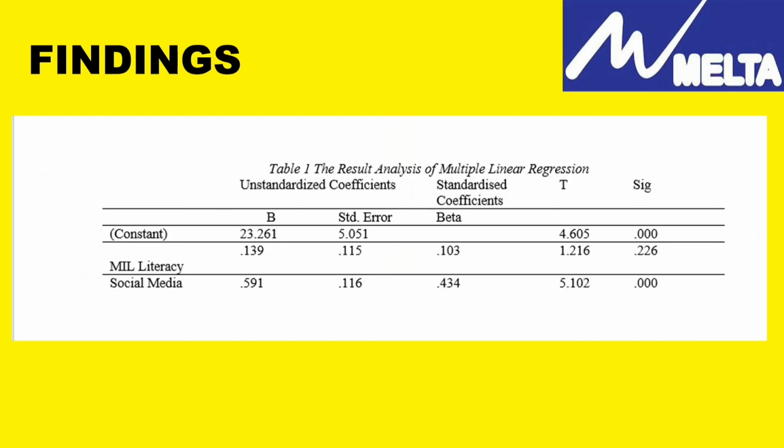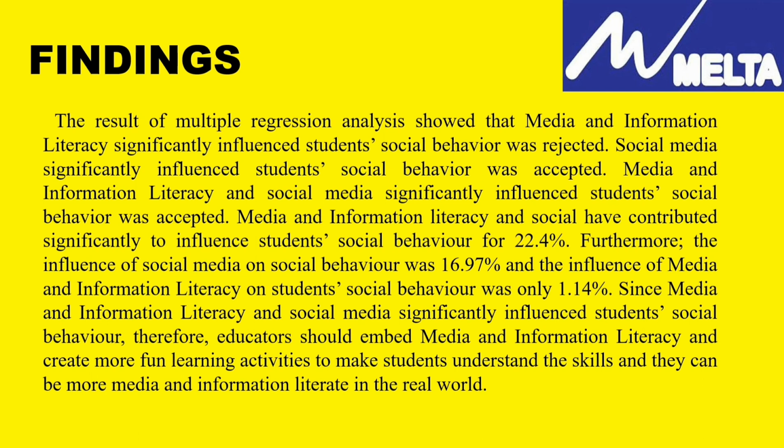The result of multiple regression analysis shows that the hypothesis that media and information literacy significantly influenced students' social behavior was rejected. Social media significantly influenced students' social behavior was accepted. Media and information literacy and social media together significantly influenced students' social behavior was accepted.